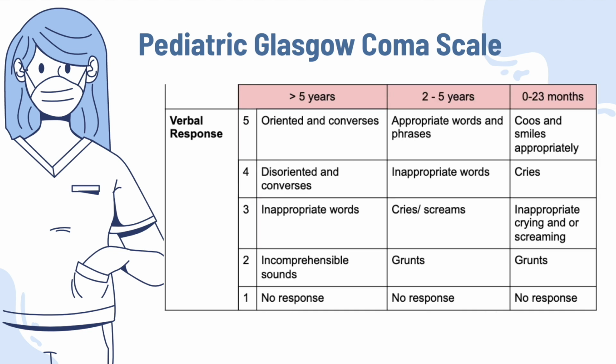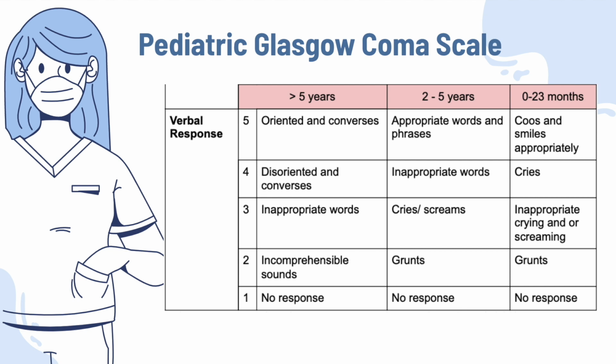Verbal response, for children 5 years old and above: oriented and converses, 5; disoriented and converses, score of 4; inappropriate words, score of 3; incomprehensible sounds, score of 2; no response, score of 1. For ages 2 to 5 years old: appropriate words and phrases, score of 5; inappropriate words, score of 4; cries or screams, score of 3; grunts, score of 2; no response, score of 1.